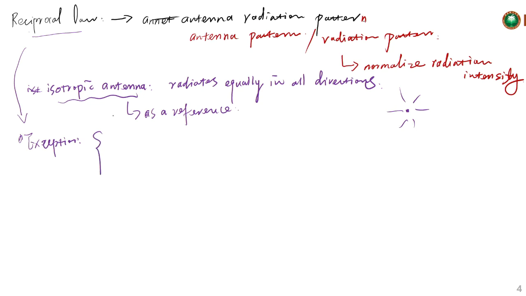The first kind is the antenna based on solid state, non-linear. If it works in the linear regime, it also follows the reciprocal law, but if it is a non-linear solid state antenna, then it cannot follow that, so it is an exception.